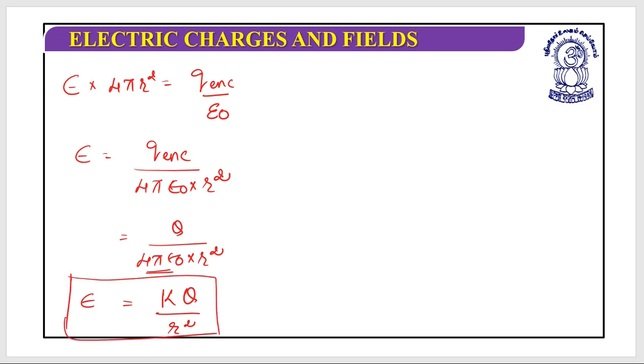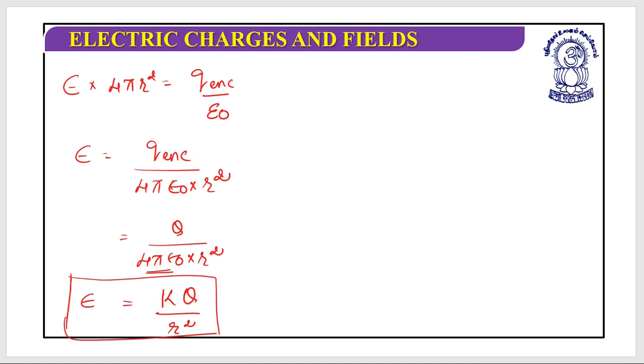Now, have you seen this before? Yes, at the very beginning of the classes, when we defined the electric field, we said that E is equal to kQ by r square for a point charge. Here we have derived the same using Gauss's law.